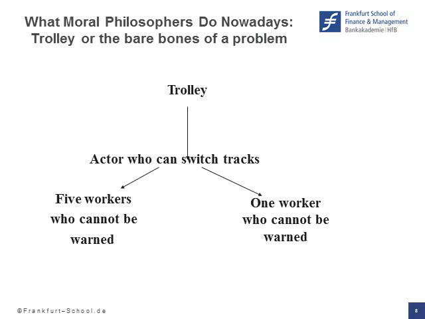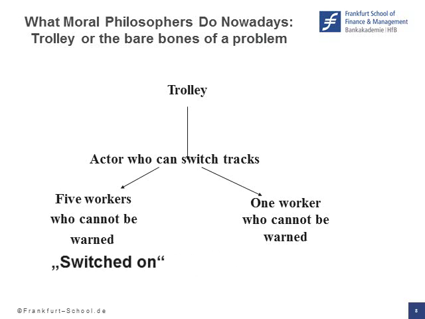There's a trolley running down the tracks, and there is an actor who can switch the tracks. Assume that the actor is you. So what should you do if the trolley is running down the tracks? On the one track, there is one worker who cannot be warned. On the other track, there stand 5 workers who cannot be warned either.